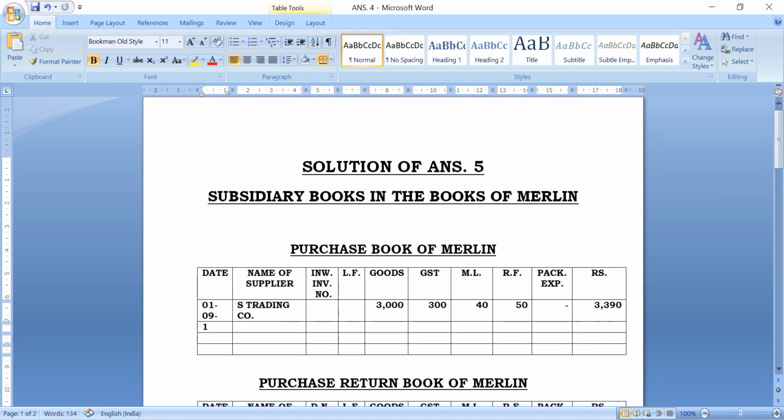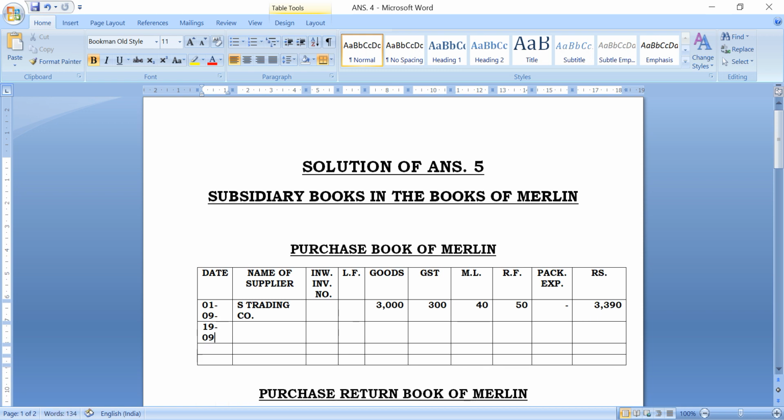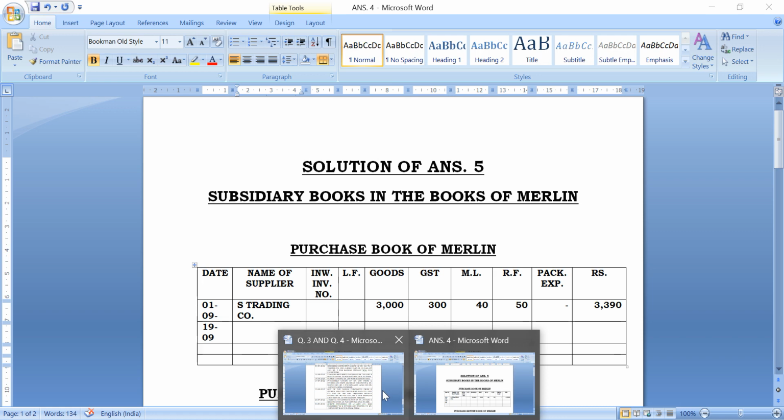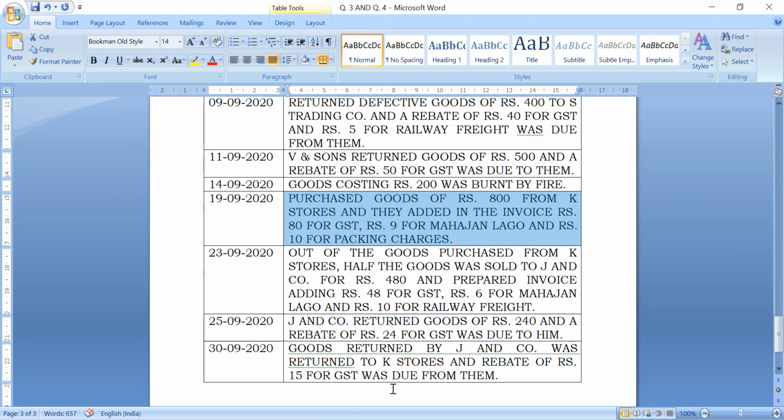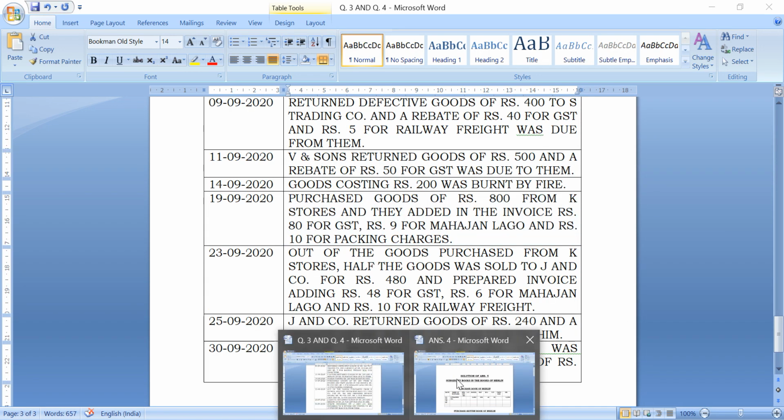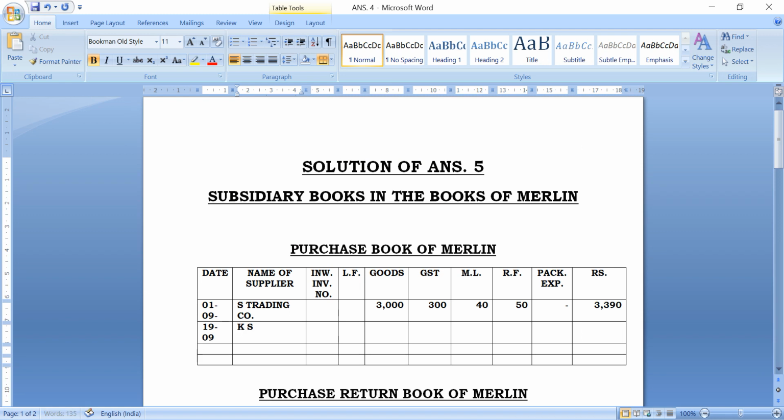Second transaction, 19th of September. What was the name of our supplier? K Stores. Invoice number કે LF કેવું કાંઈક આપેલું નથી, right?